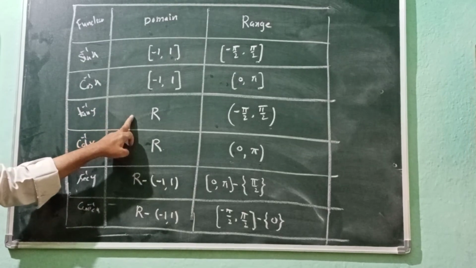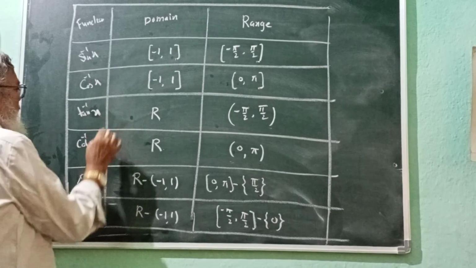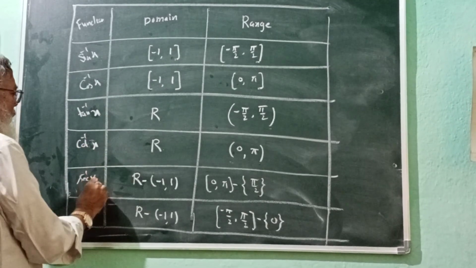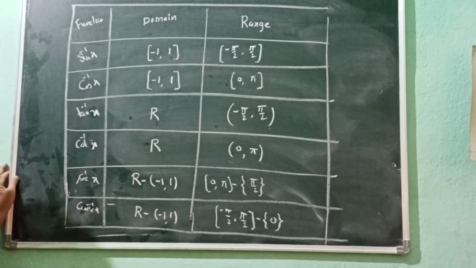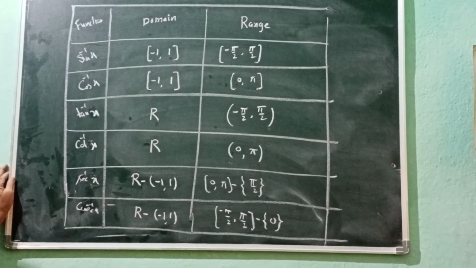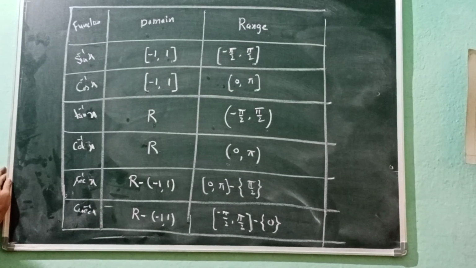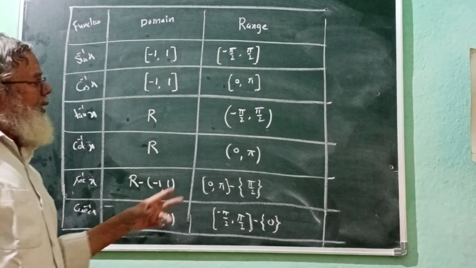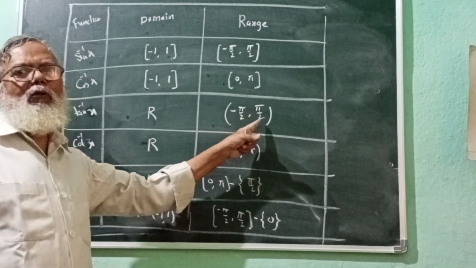Similarly tan inverse x has the domain given by the real numbers. All real numbers are allowed, but the principal value or range is the open interval from minus pi by 2 to plus pi by 2.